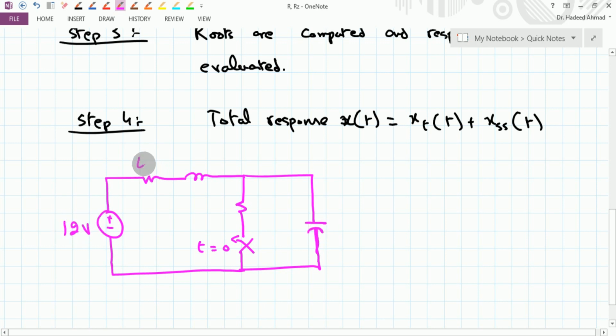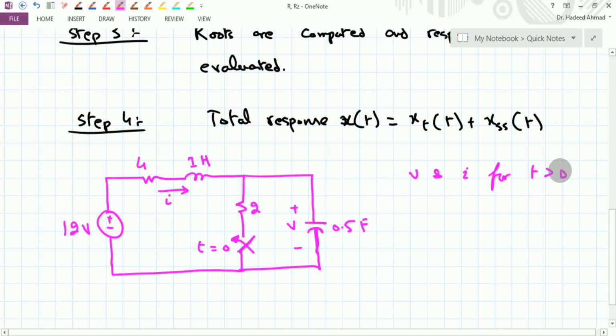This resistance is 4 ohm. This is 1 Henry. This is 2 ohm. And here we have this 0.5 farad. Across this capacitor we have this voltage V, and through this inductance we have the current I, and this switch is going to turn on at time t equal to 0, and it is required to find out the complete response of V and I for time t greater than 0.